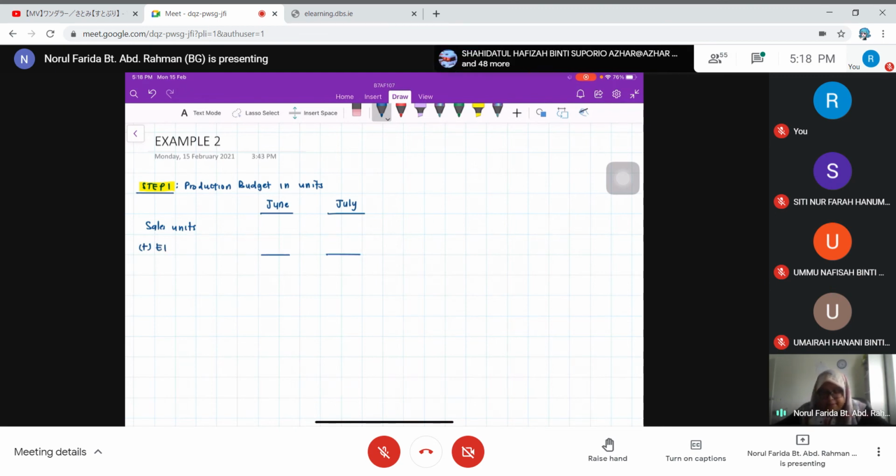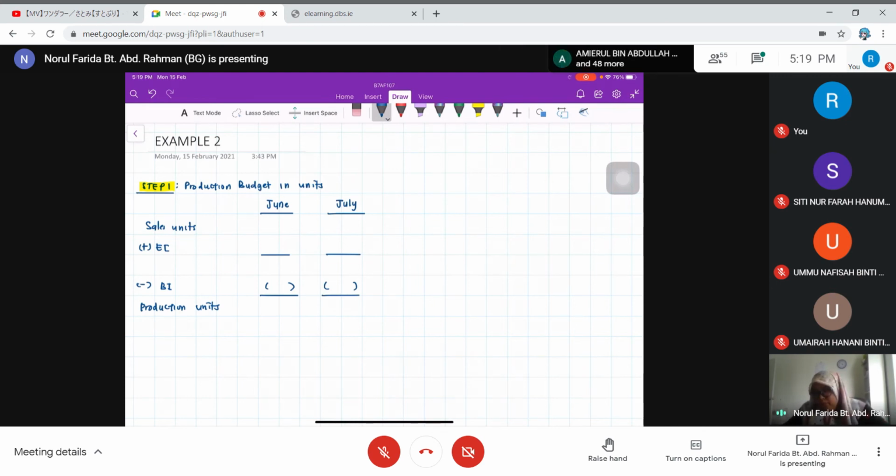Okay, ni format dia. Dapat berapa nanti, berapa figure kita akan tolak dengan beginning inventory, tolak. And then kita akan dapat kita punya production units.